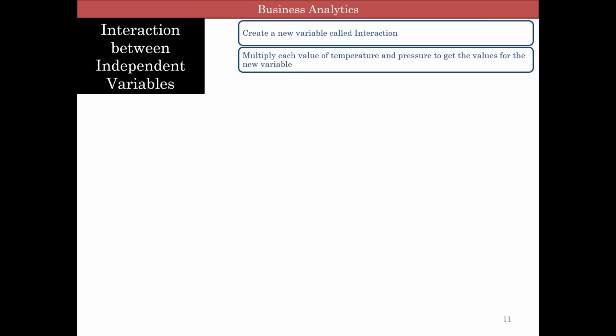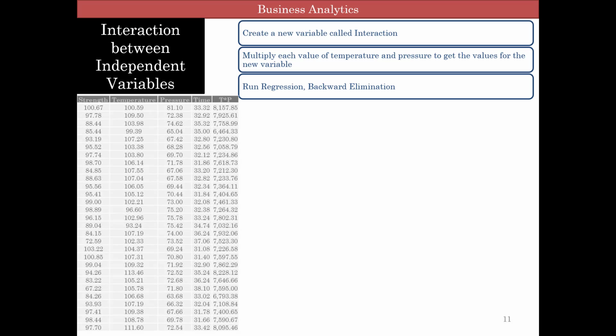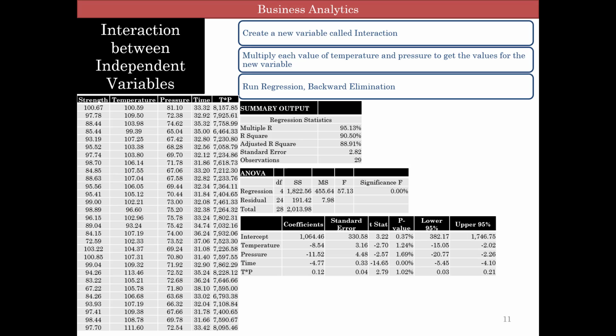So we're going to create a new variable called interaction, and then we're going to multiply each value of temperature and pressure to get these values and run backward elimination. So you see here, we've taken each value of temperature and pressure and multiplied it to get a new variable here. And we run backward elimination again to get these results.